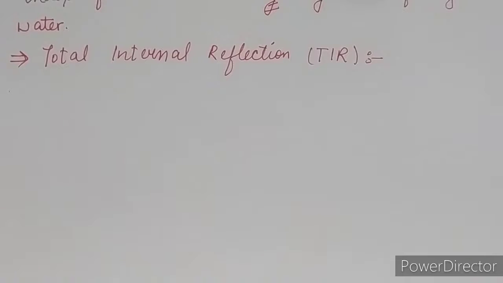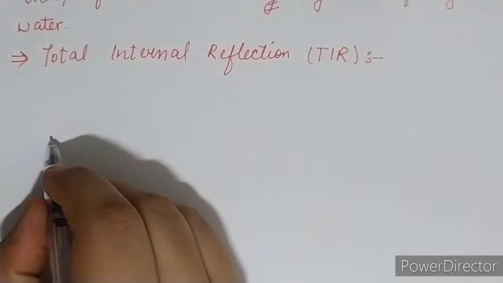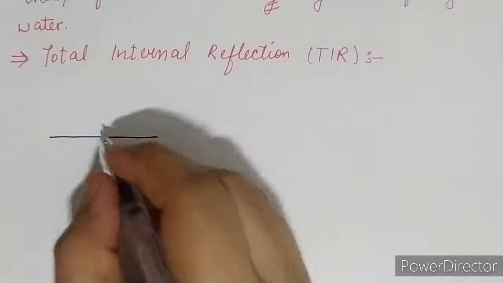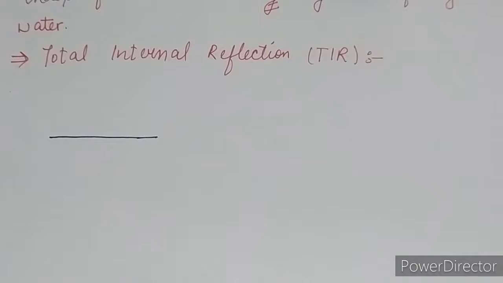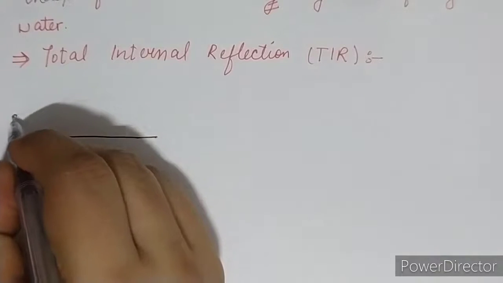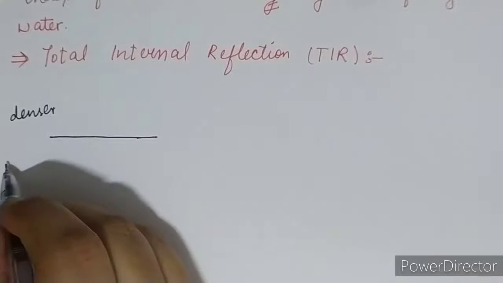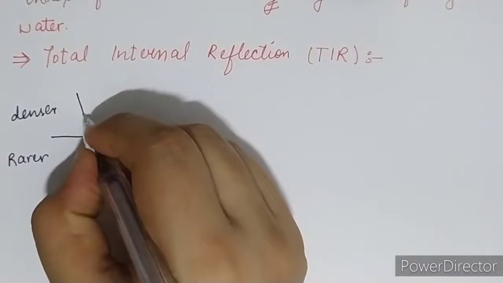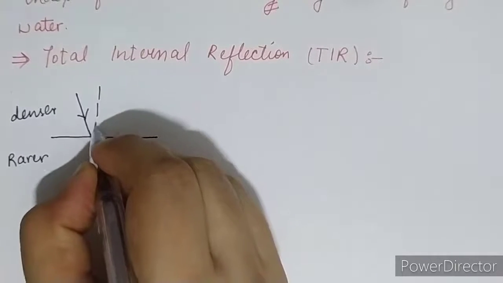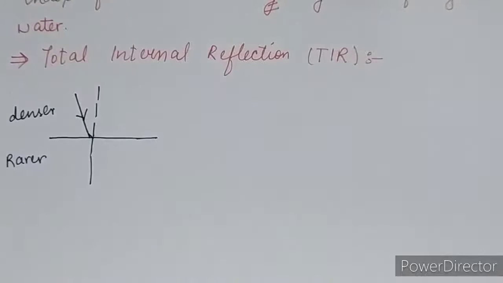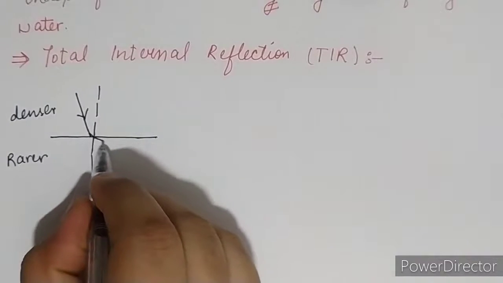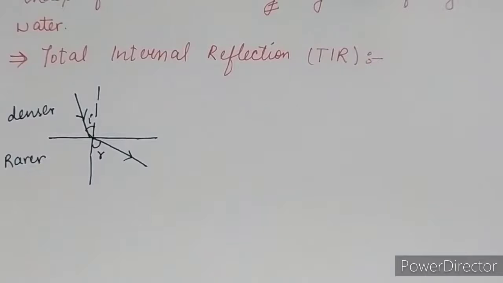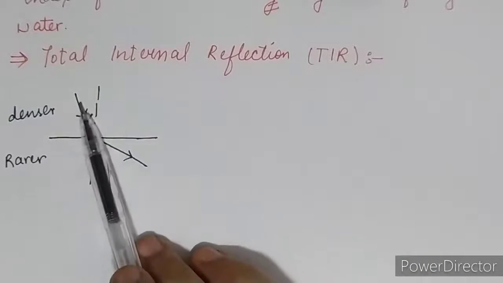So about TIR, suppose this is the separation, I am drawing a different diagram. First of all, always remember TIR develops only in the condition when the light has traveled from denser to rarer medium. Suppose the light ray is coming from denser, this is the normal, to a rarer medium, then it always bends away from the normal. So this is your angle I, this is your angle R. I am increasing this value.